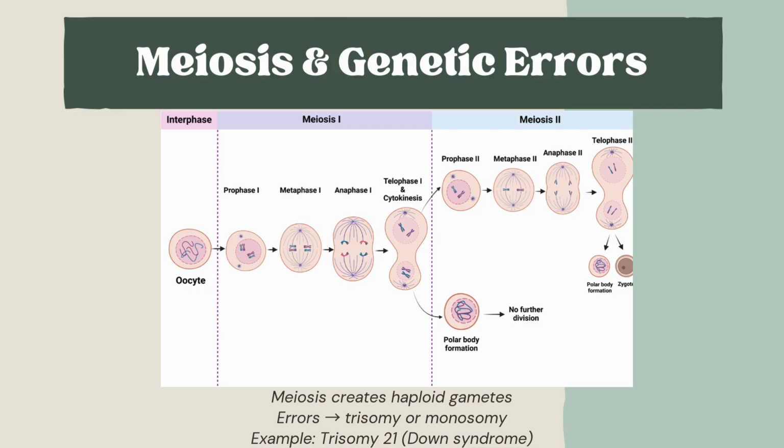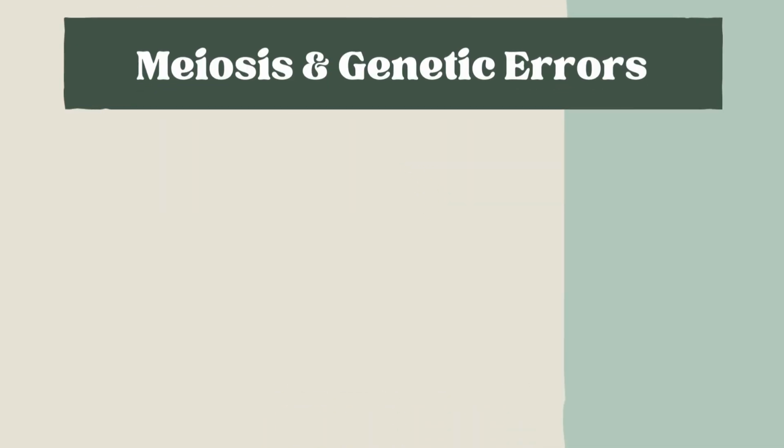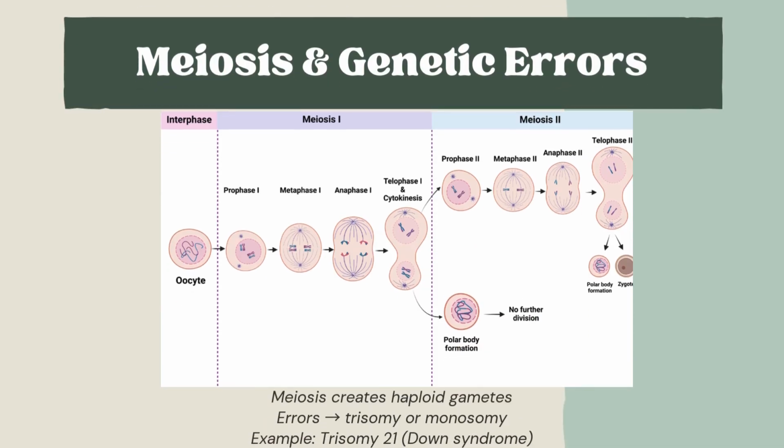If such a gamete participates in fertilization, the zygote can end up with abnormal numbers, leading to conditions like trisomy or monosomy. A common example is trisomy 21, or Down syndrome, which can present with facial differences, delayed dental eruption, and oral structural variations.